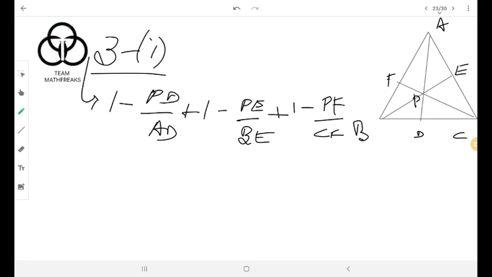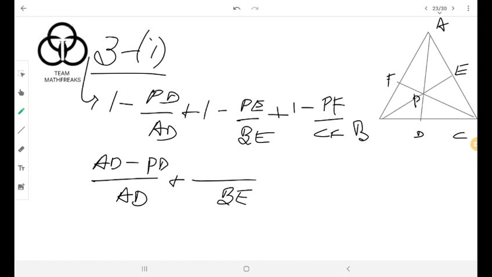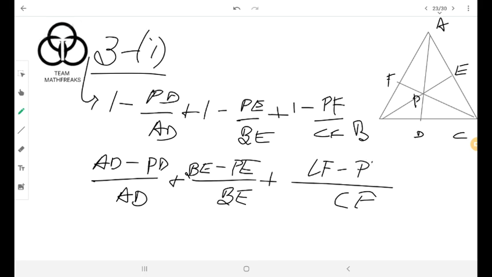Now 1 can be written as AD over AD. This can be written as AD minus PD over AD plus BE minus PE plus CF minus PF.